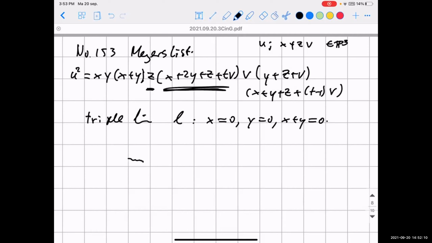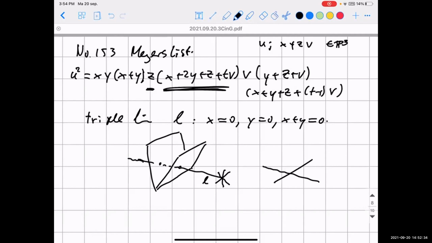And what is happening in the degeneration is that this is the triple line, L. And now for t is 0, there appears an extra 5-fold point. So you move this up, and now there is only 1 point. This is the degeneration which happens for t equals 0.